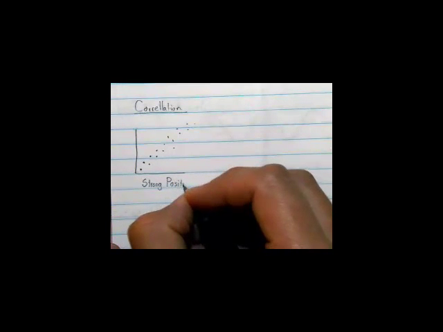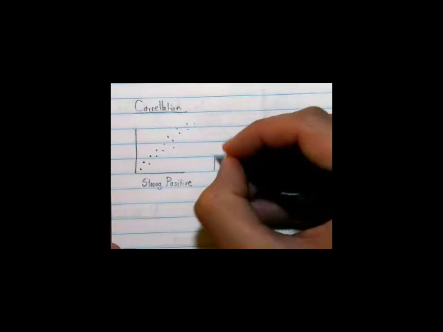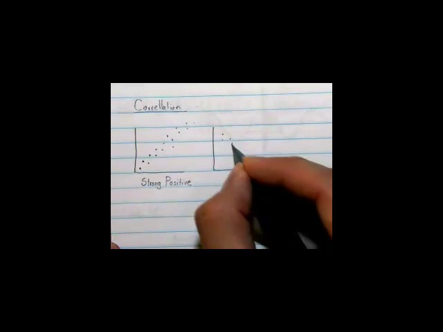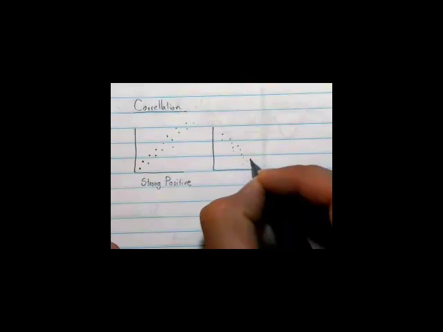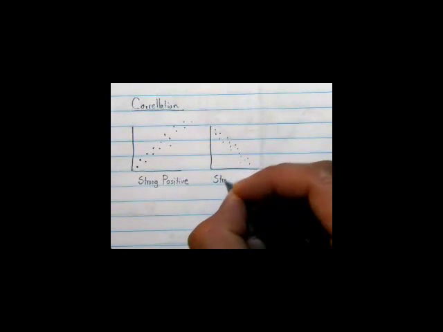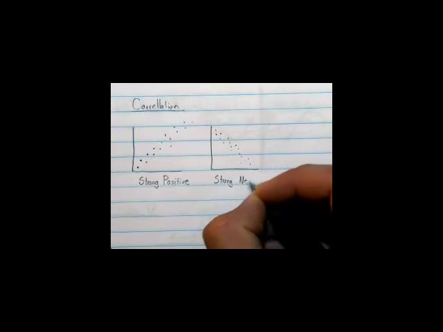So this example right here is a strong positive. Likewise, a strong negative would be, it's still all clustering around what appears to be a line, but it's decreasing. So strong negative.